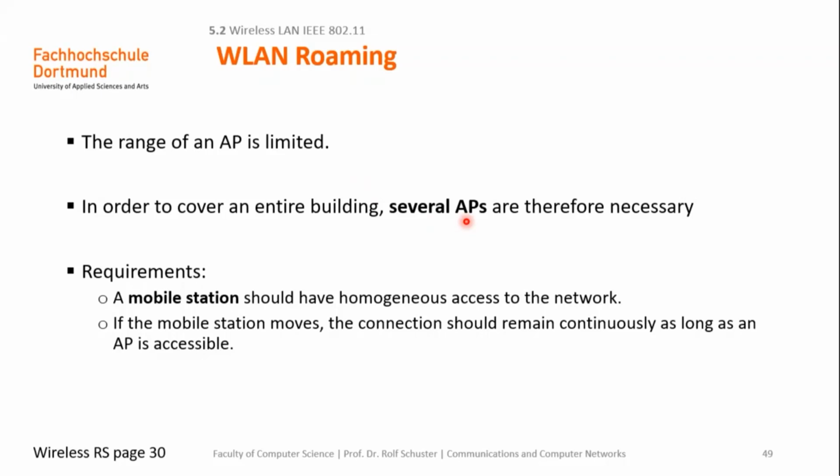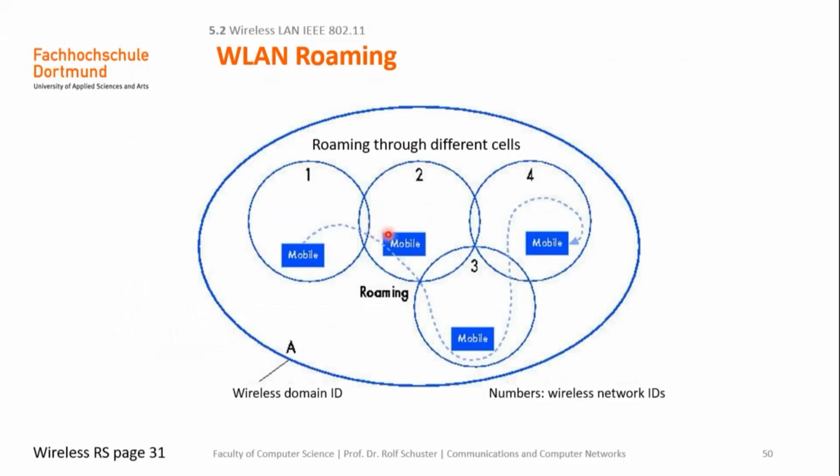In this picture, we could see the different areas covered by different access points, and the mobile station that is traveling, is moving from one cell to the other, and we would like to be connected all the time.